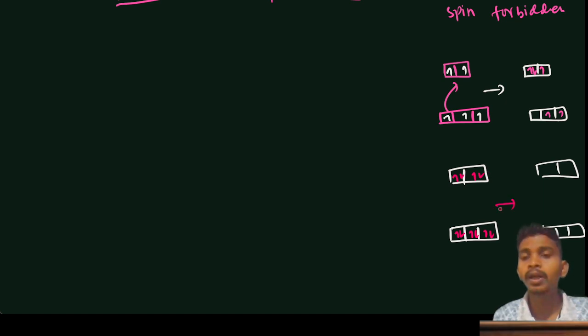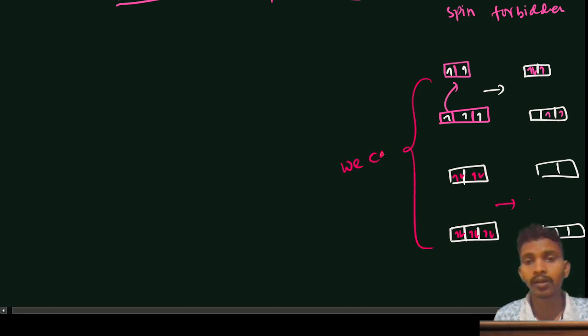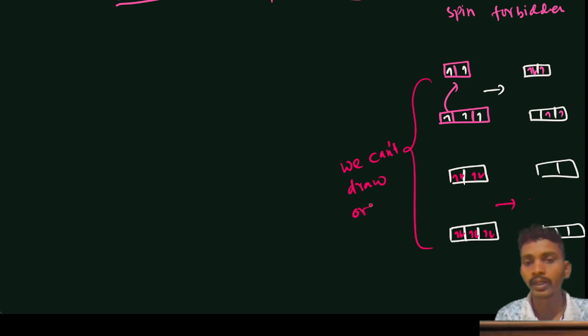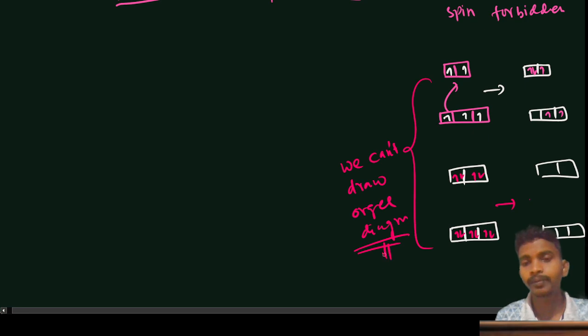If you want a transition here also, no transition is possible, because all orbitals are fully filled and there are no holes or empty places for electrons. So for d5 and d10 no transitions are possible, and we can't draw Orgel diagrams. No peak will be observed in Orgel diagrams.